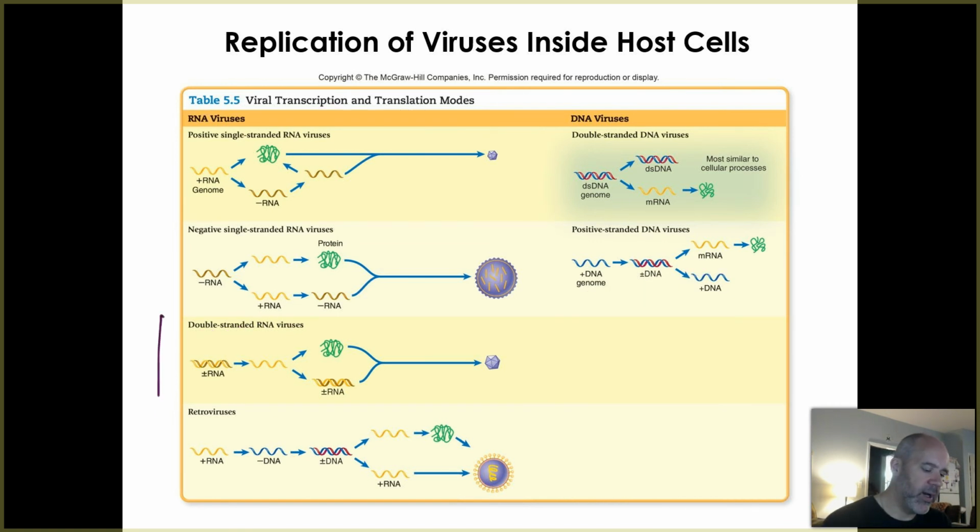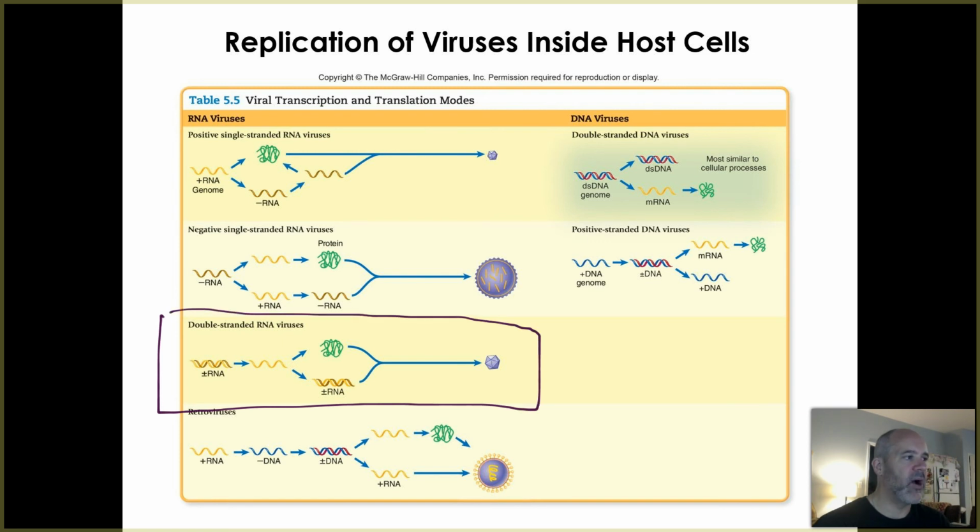All right, another category down here: there are some kinds of viruses that are called double-stranded RNA viruses. That means over here, inside the virus particle, you have both a positive and a negative strand of RNA. They're bonded together, kind of like a double-stranded DNA would. And when that enters the host cell, you've got to make plus strands right here, because those are going to be your mRNAs.